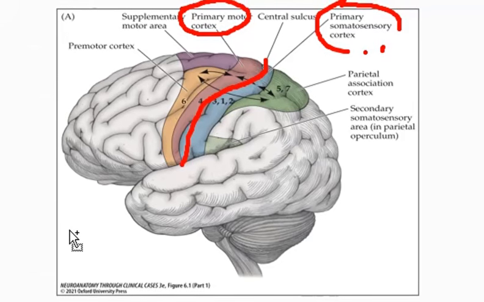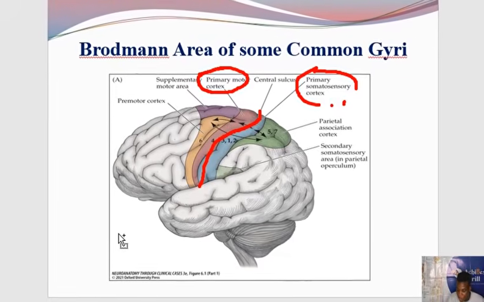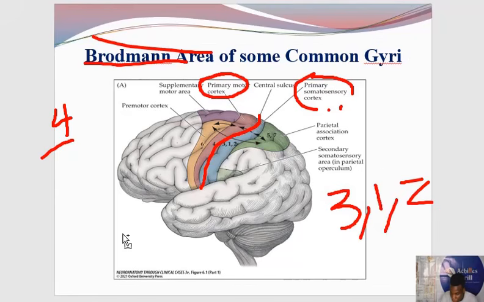Apart from being asked to identify what gyrus it is, you can be asked to give the Brodmann area, and some common ones are this pre and postcentral gyrus. The precentral gyrus, otherwise called the primary motor area, is associated with Brodmann area number 4, while the primary somatosensory area, otherwise called the postcentral gyrus, is associated with Brodmann areas 3, 1, and 2. Not 1, 2, 3, not 2, 1, 3, but 3, 1, and 2.